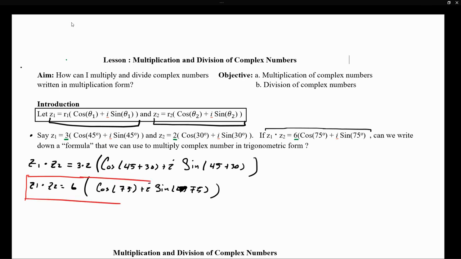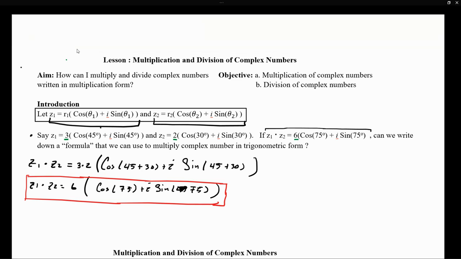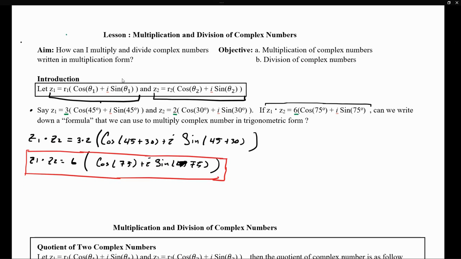So notice that when we multiply complex numbers, really what just happens is the values of r are going to get multiplied, and the actual arguments, or the actual degree measurement inside the cosine and sine, they're just going to be added. So if we just want to write down a formula, we can say that if I'm multiplying two complex numbers, what essentially happens is I'm going to multiply the modulus of the first times the modulus of the second.